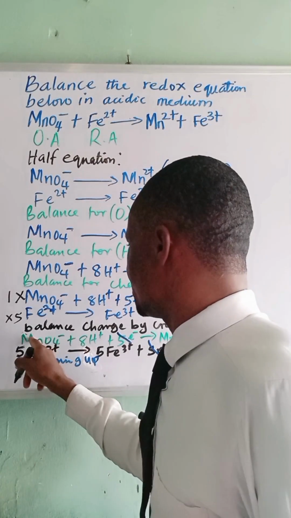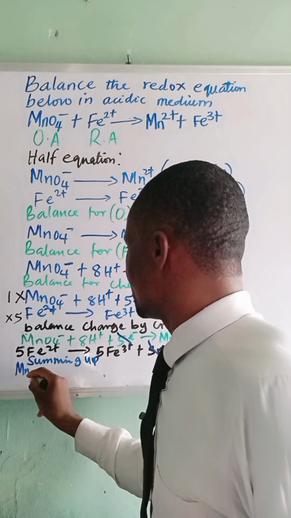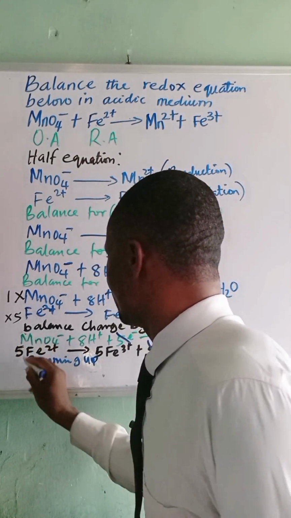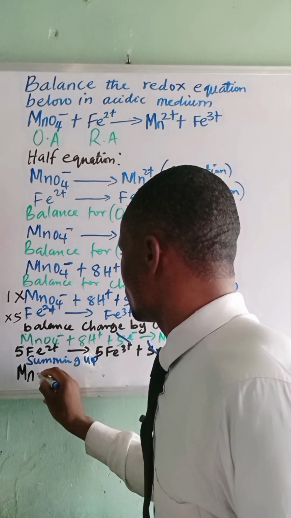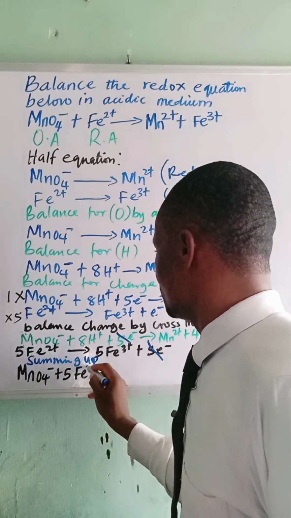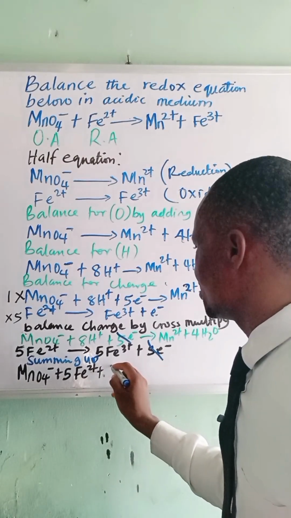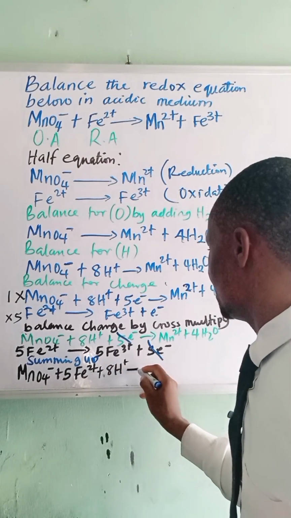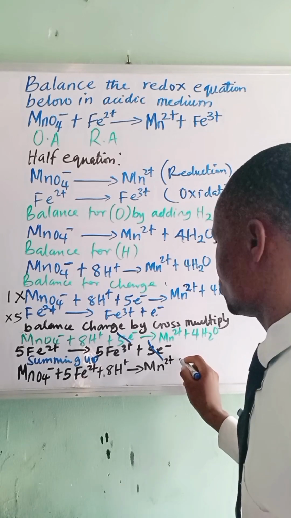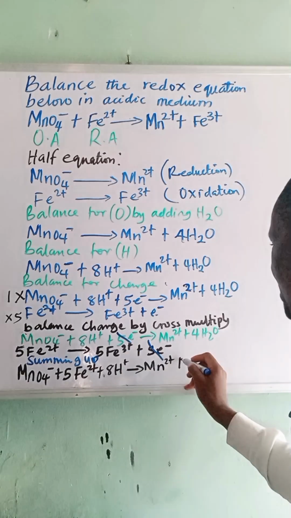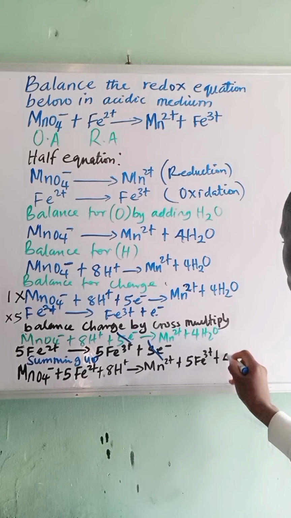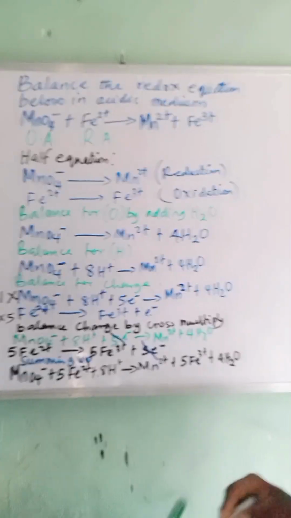Now you write MnO4 minus plus 5Fe2 plus plus 8H plus to give us Mn2 plus, 5Fe3 plus and 4H2O.